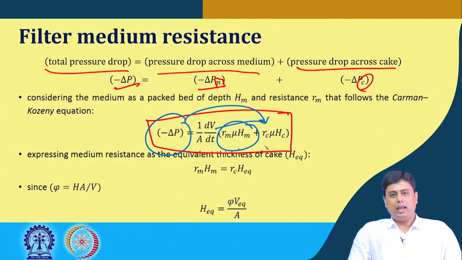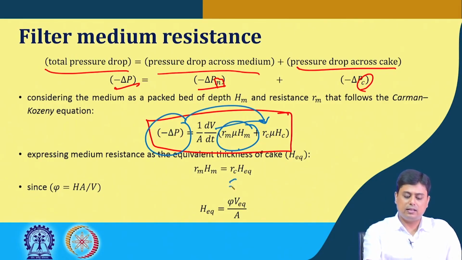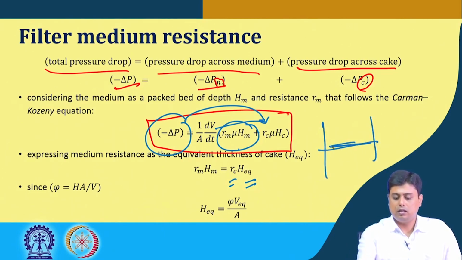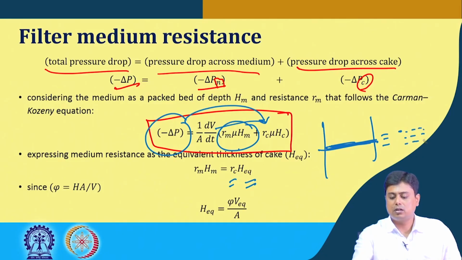Then this Rm Hm, we equate with the cake resistance multiplied by an equivalent height of the cake. So this filter media resistance is equivalent to the cake resistance having height Heq.